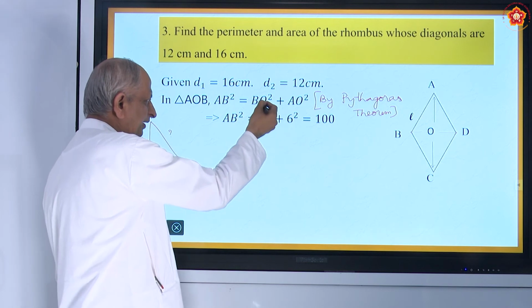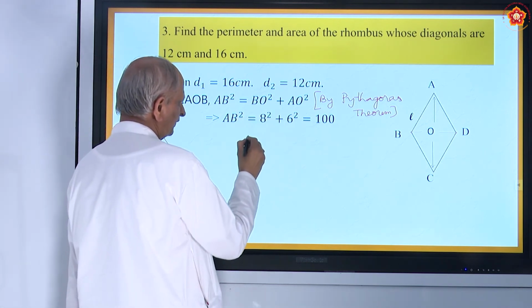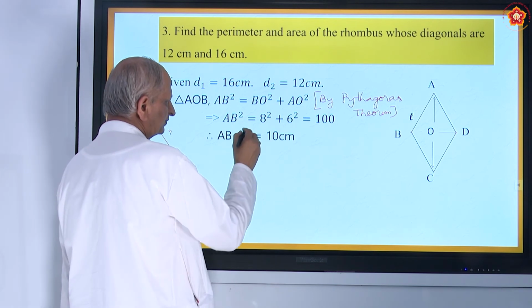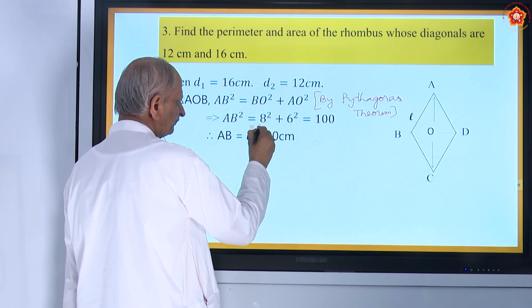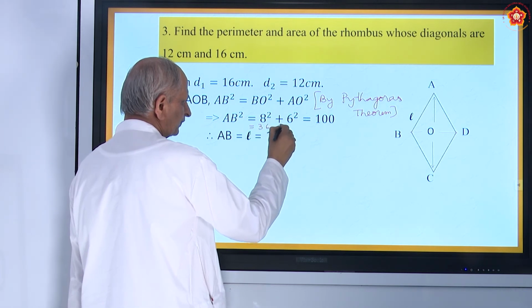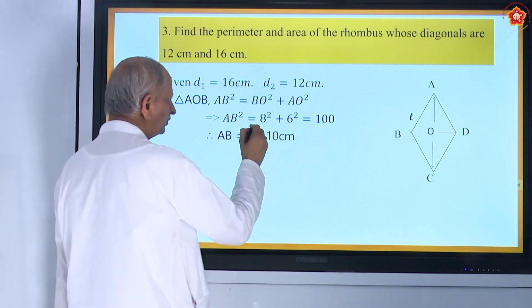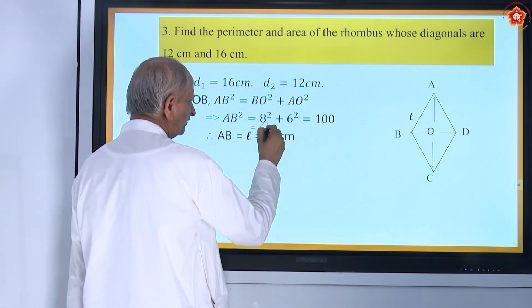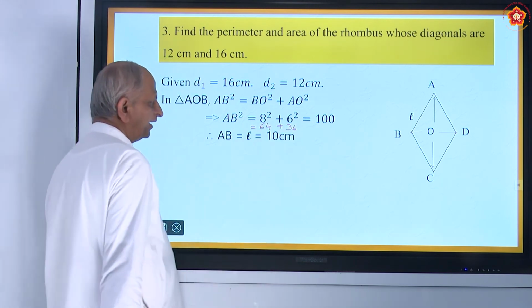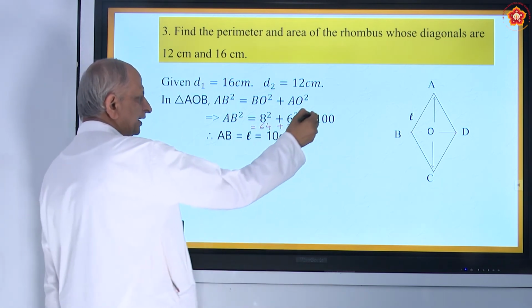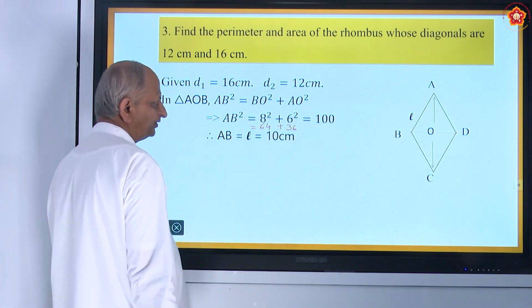AO is 6, BO is 8. 8 square is 64 and 6 square is 36. If you add it, you get 100. And AB is nothing but square root of 100, which becomes 10 centimeters.